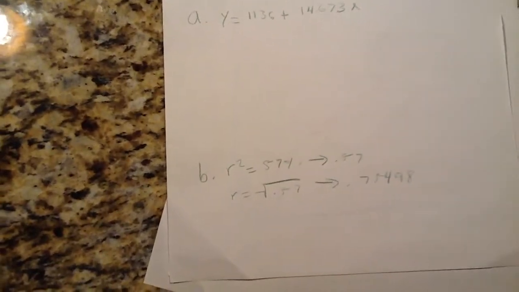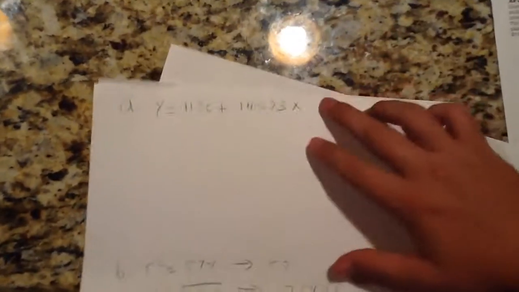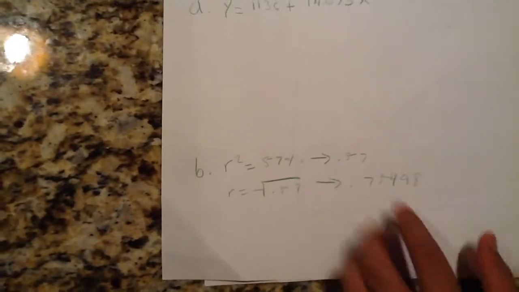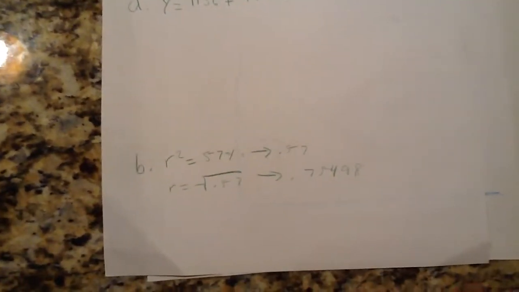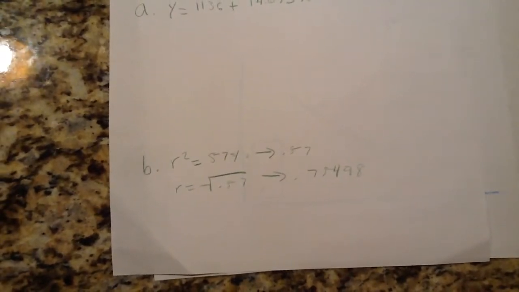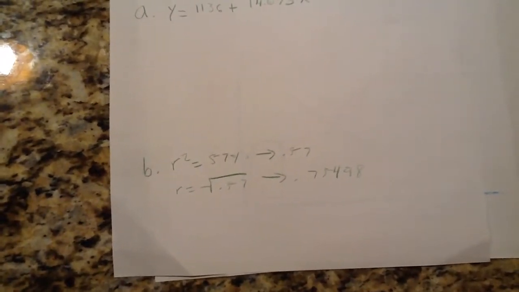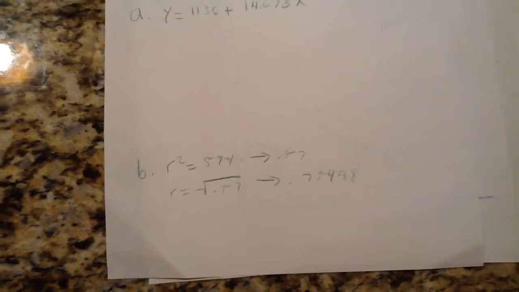And then for B on the AP question, B asks, what is the value of the correlation coefficient for operating cost per hour and number of passenger seats in the plane?